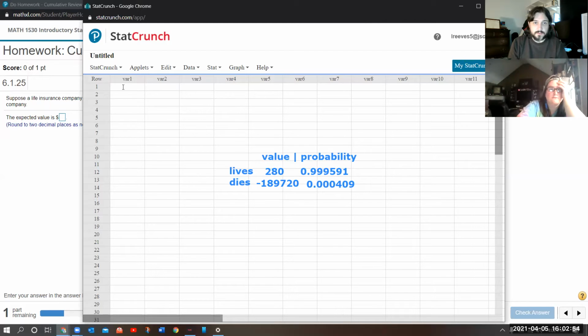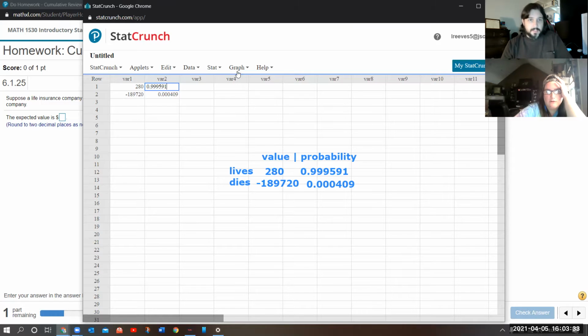So in the top leftmost cell, you'll put your 280. Right.